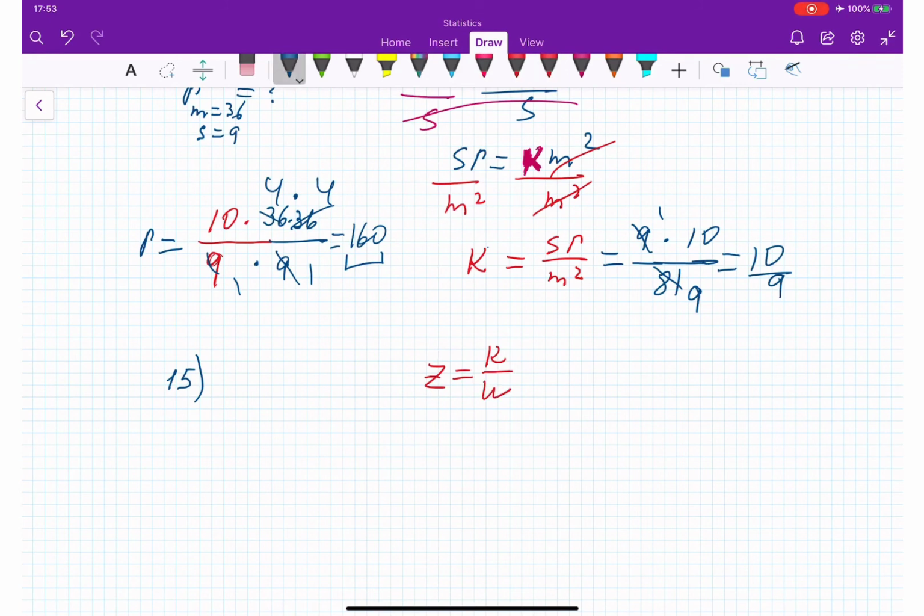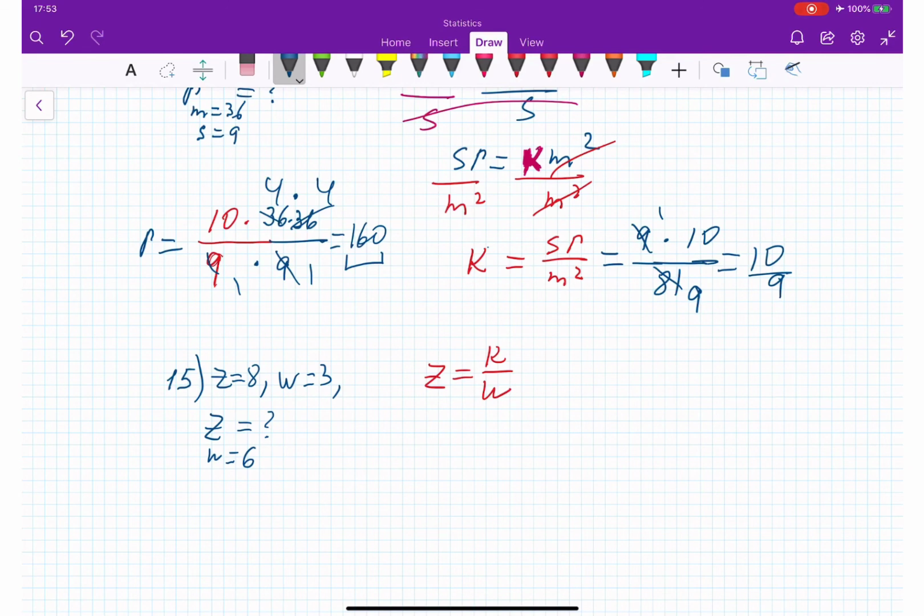So what do we have? Our z is equal 8, w is equal 3. Okay, z is equal 8 when w is equal 3. Now we need to find z when w is equal 6.